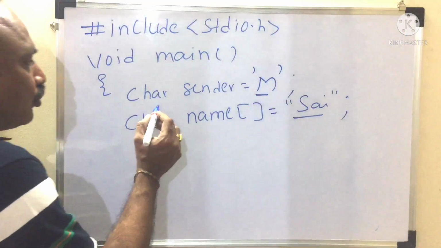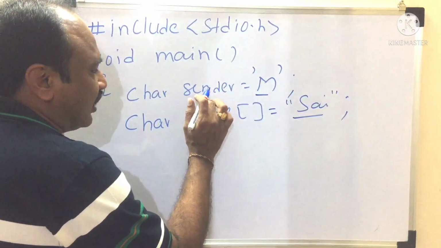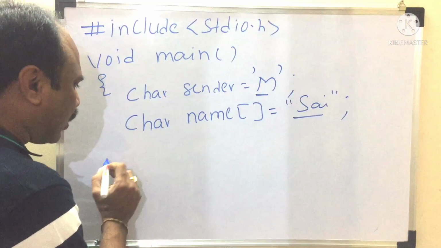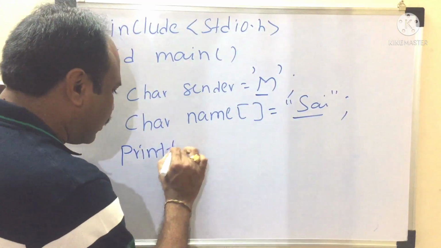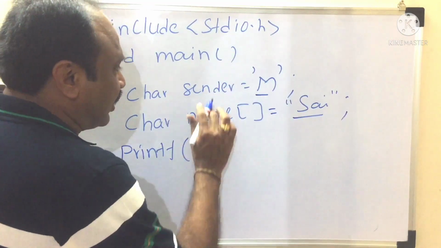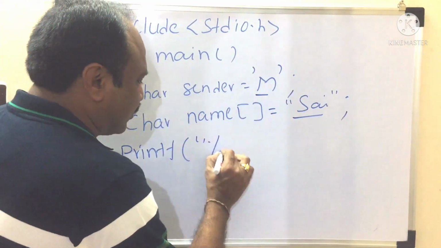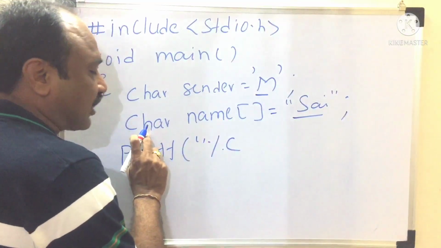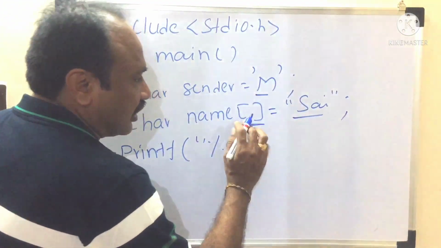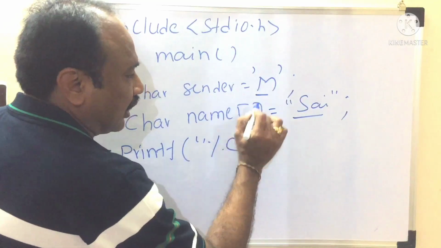Okay. Now to print this gender and name, actually we can use printf also. Printf. I want to print gender. Gender, what type? Char type. Percentile C. Name, what type? Of course, not a character. It is not a single character. This is an array.